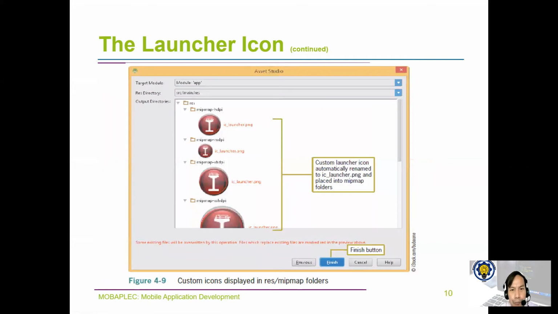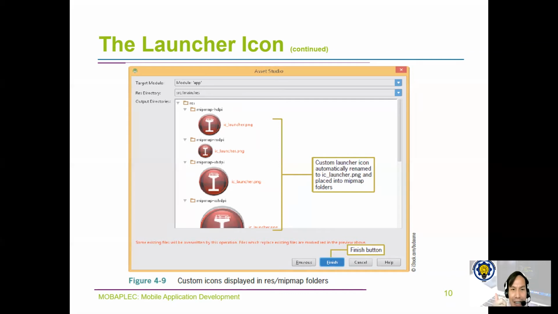And then after you select that, take note, the target module will be the app, and the resources directory is the source where the main resources are included, such as the images, or if there's audio or video, that's actually under the output directories, under the resource directory, or what we call the RES directory.